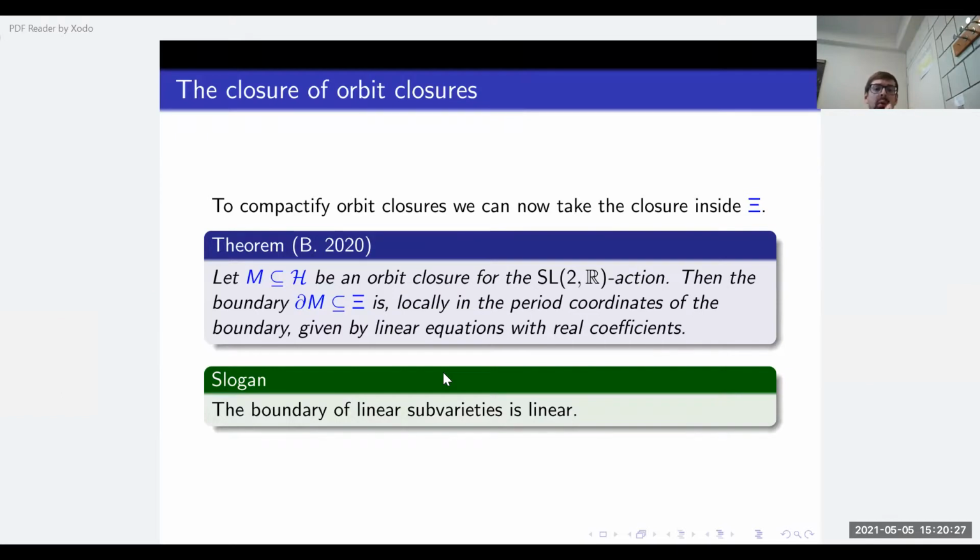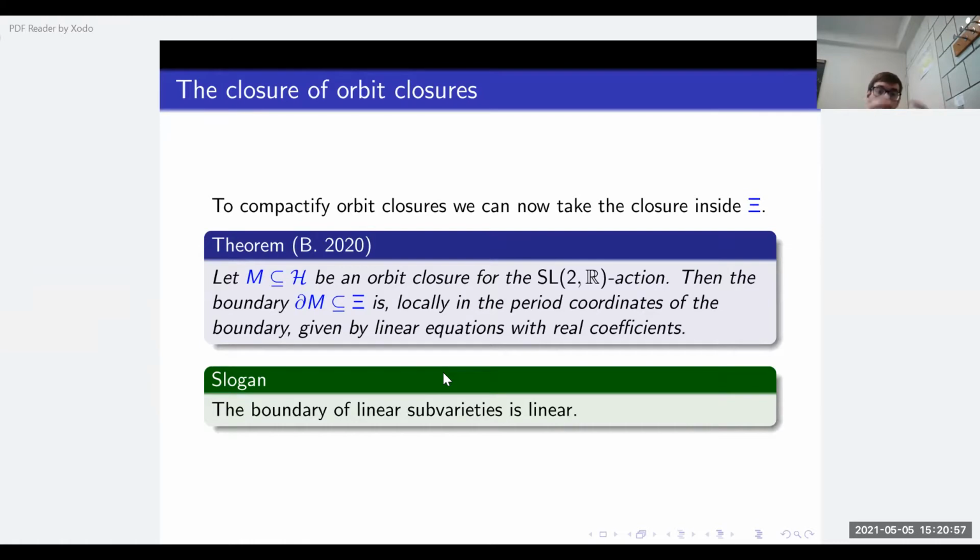So the boundary has a very similar structure to the original one. It's still given by linear equations, but since it's the boundary of something, the dimension decreased by 1. One of the motivations for why one would be interested in the boundary is that you can do some kind of inductive procedure to study this orbital closure.